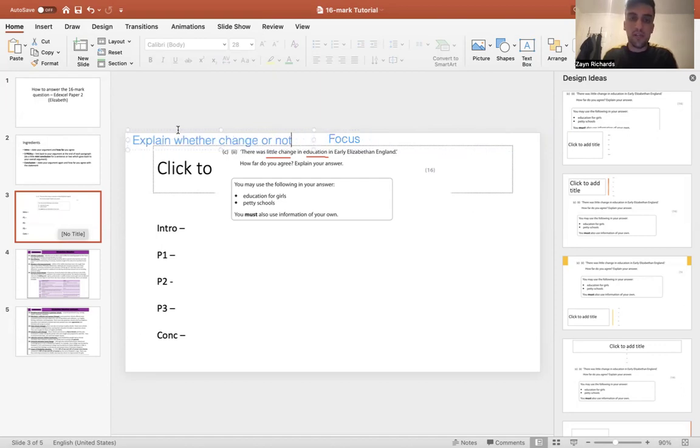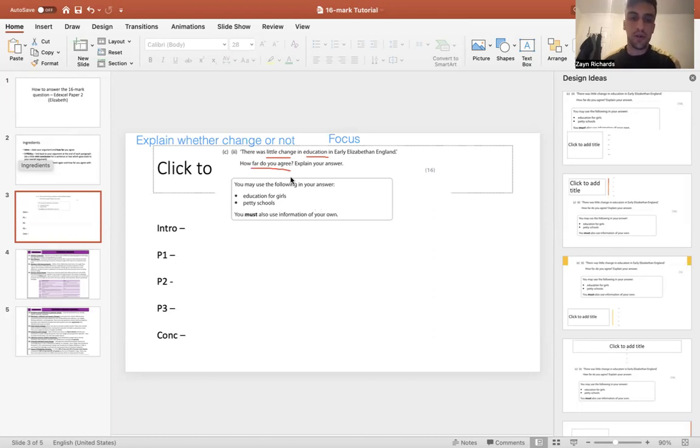Okay, and that's what we need to be focused on. All right, so we constantly need to be thinking about, well, this was an example of a lot of change because, or this was an example of no change or continuity because. And obviously, the question says how far you agree. So we need to make sure we're giving our judgment throughout and in every single paragraph. The judgment's got to be present.